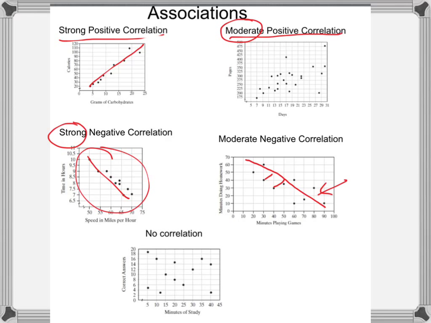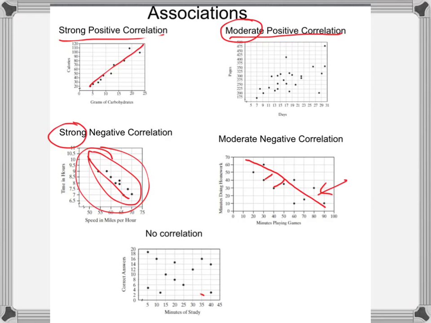They're not clustered like these points are. Okay, and no correlation means that you could just as well draw a line with a negative slope as a line with a positive slope. There appears to be no relationship between the two variables.